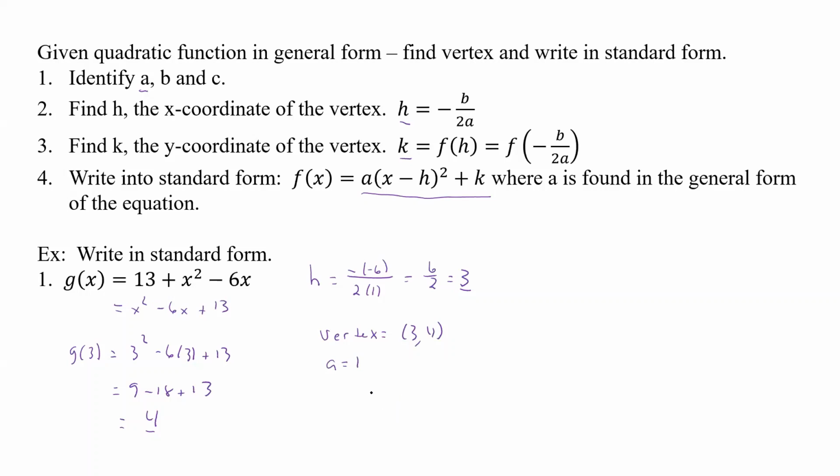So now we can put it into standard form. g of x is equal to a, which is 1, times x minus our h, which is 3, the quantity squared, plus k, which was 4. And there is the standard form. So we start with the general, and then we move to the standard. Any questions on that one?